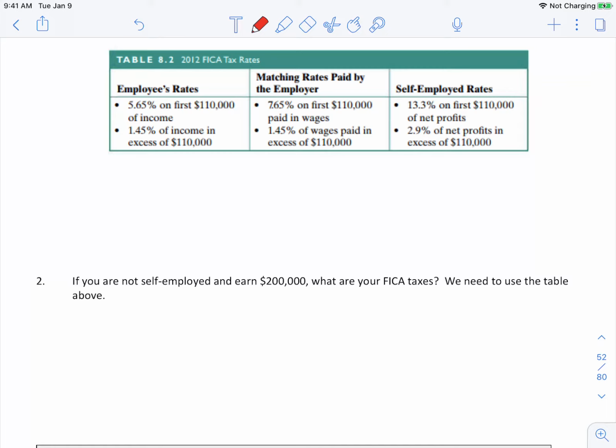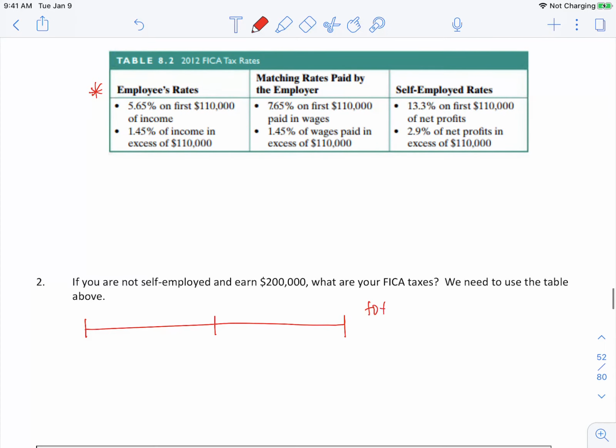So we are not self-employed, which means we're using these employee rates here. So notice it says 5.65% on the first 110,000 of income and 1.45% of income in excess of 110,000. So we're going to draw our bar diagram to split this up.